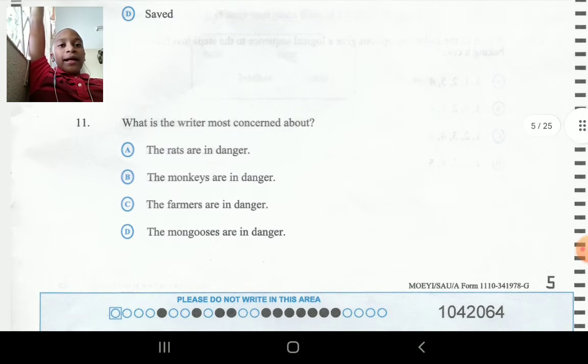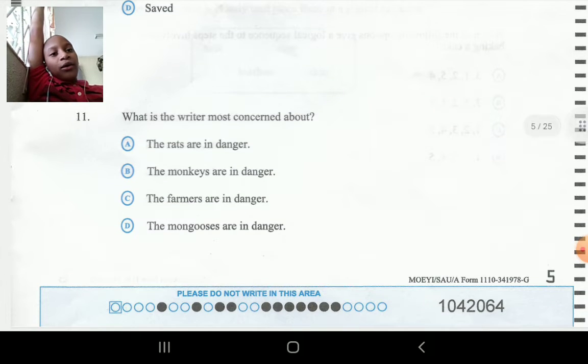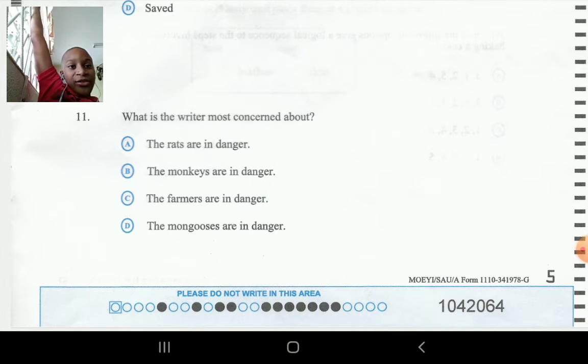Next, question 11. What is the writer most concerned about? A, the rats are endangered. B, the monkeys are endangered. C, the farmers are endangered. I just eliminate C. Farmers can't be endangered. They're literally the attackers. D, the mongoose are endangered.